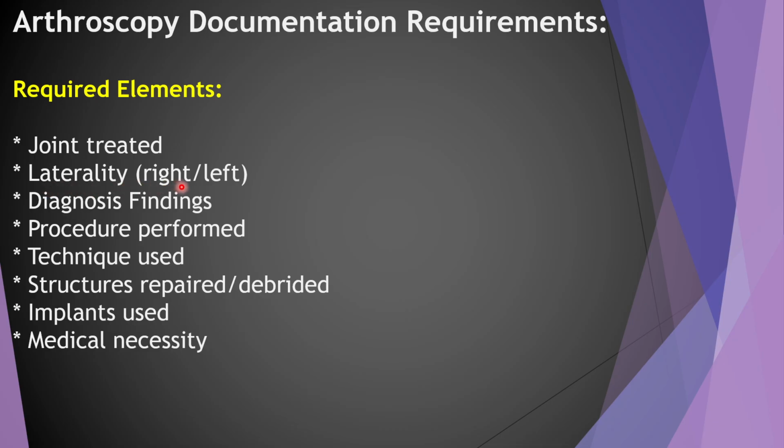For example, if it is a knee joint, then which knee, whether it is right or left knee or both. And the third one, diagnosis findings. What is the problem, what is the condition in that joint, so we have to find the diagnosis.